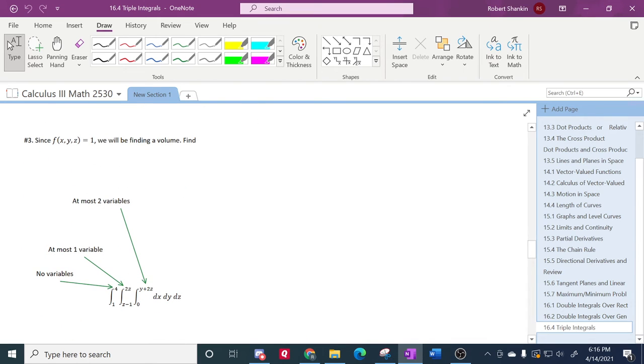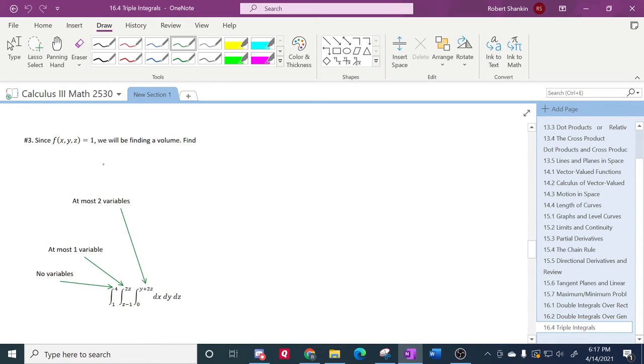All right, we're going to do this integral down here, and notice that there's an unwritten 1 right here. Since f of x, y, z is 1, we'll actually be finding a volume. What are we finding the volume of, what shape? Well, we'll figure it out as we go.